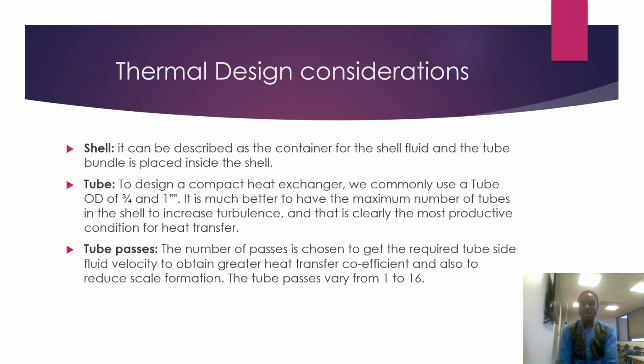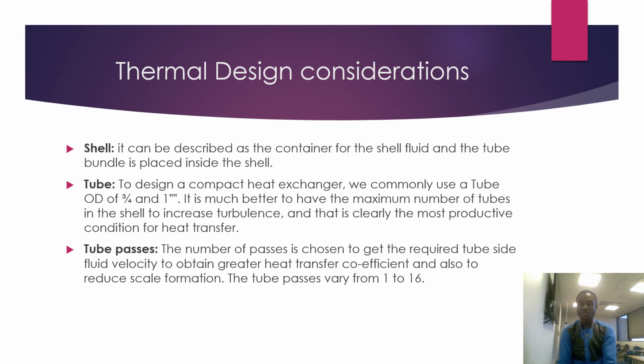Whenever we design our shell and tube exchangers, there are so many factors we can take into consideration. And here we have the main important parts of our shell and tube exchangers. We have a shell, which can be described as the container for the shell fluid, and the tube bundle is placed inside the shell.